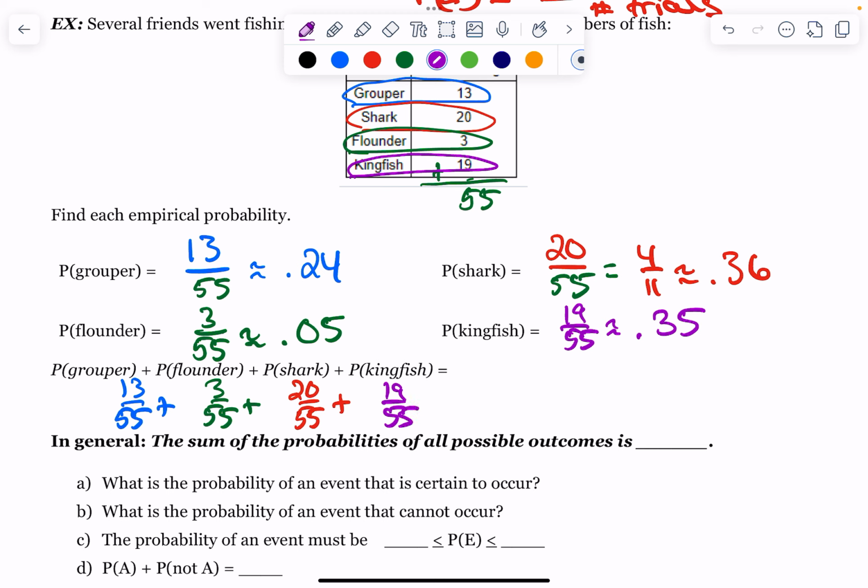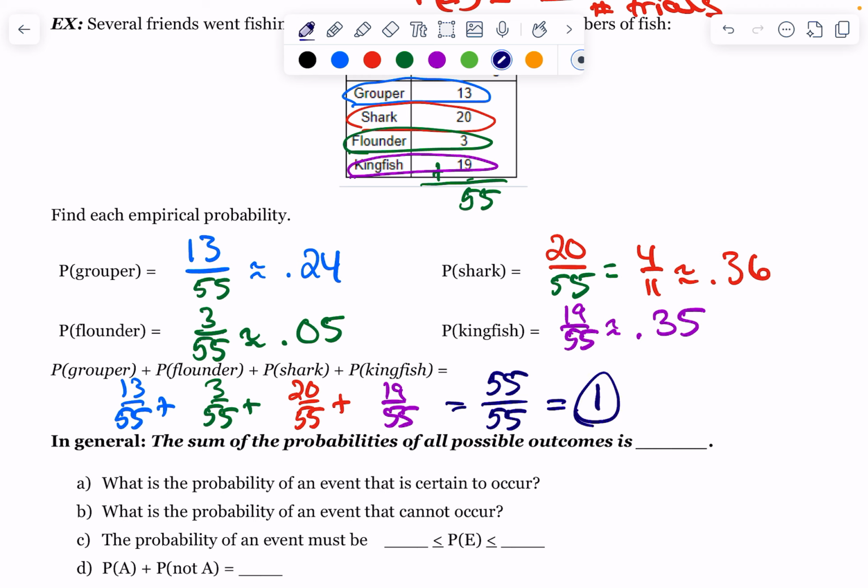There's a reason why I did not use the simplified version of the fraction for the shark: now we can add easily because we have common denominators, 55 over 55, that equals 1.